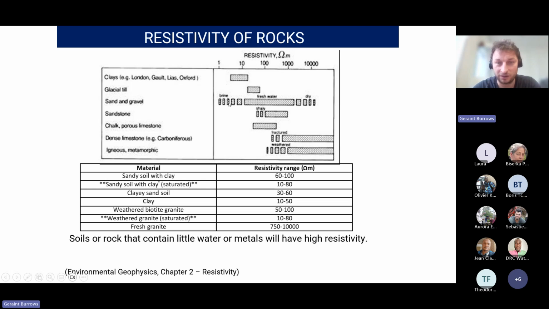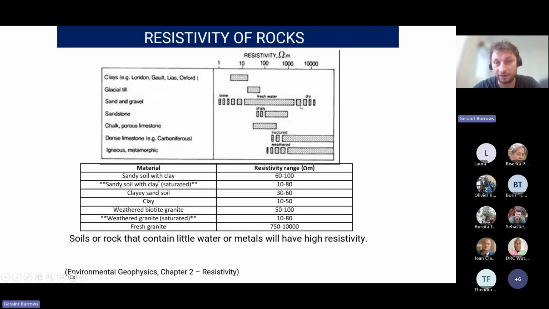So saline water might also have very low resistivity because of the salts in the water conducting that electricity. Fresh water within a sand and gravel has a resistivity of between 10 to 1,000 ohms per meter. So that would depend on the water storage within the materials as well.